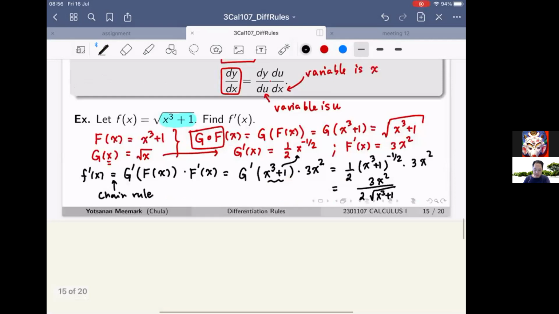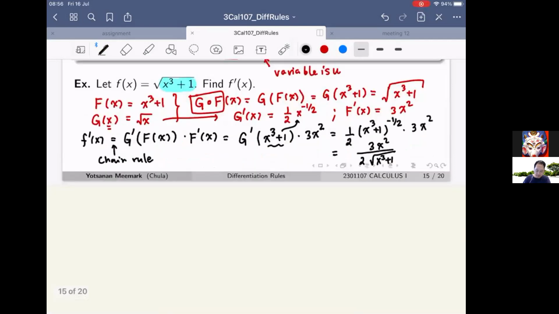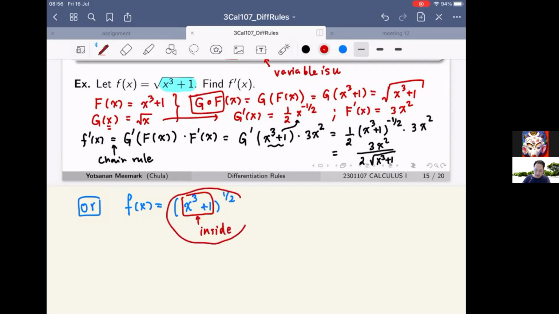The chain rule. Let's look at your f again. This one is what? x cubed plus 1 raised to the power 1/2, right? So you look at it this way: here is the one inside, and the whole thing is your outside.